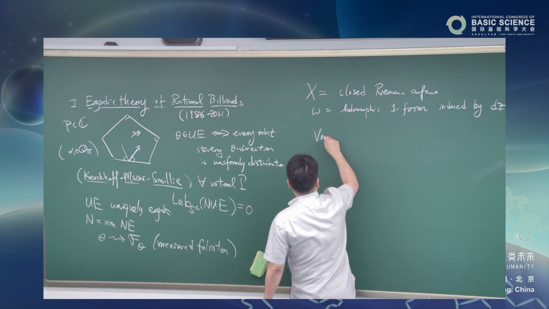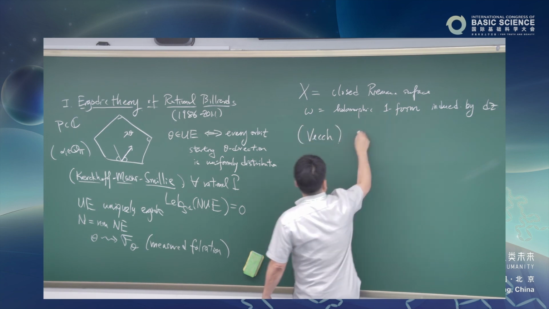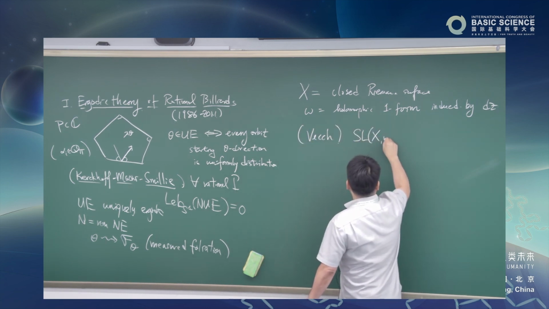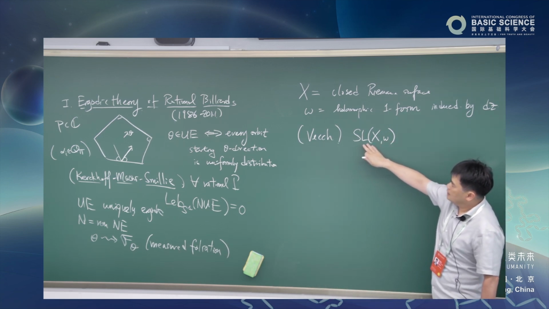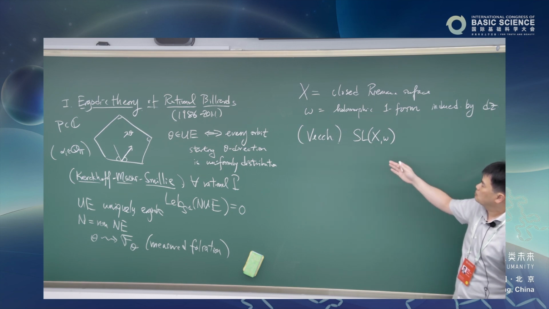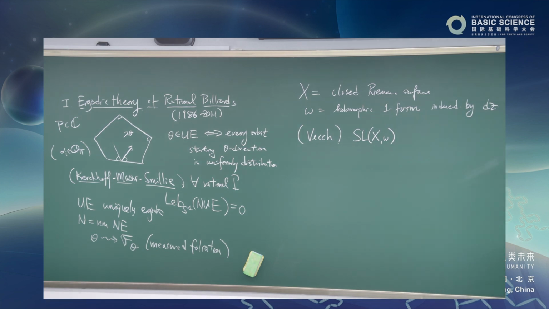As a result of Veech, which is very interesting: SL(X, omega) is the affine symmetry group. You can look at the set of affine diffeomorphisms of this closed Riemann surface to itself.